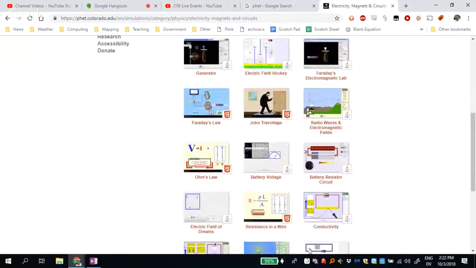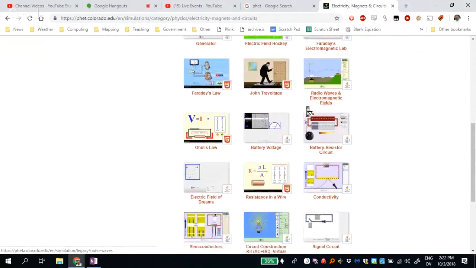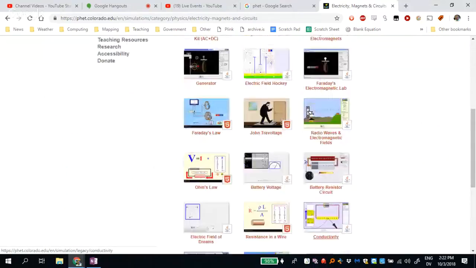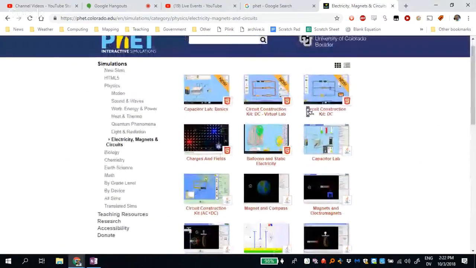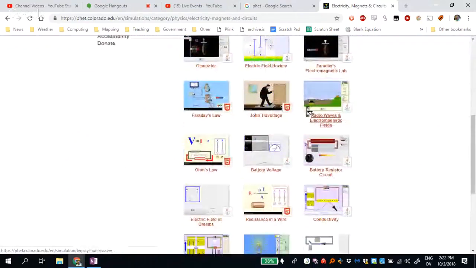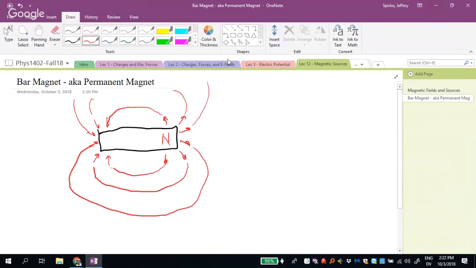That means I can't necessarily do it. They have a Faraday's law one. I'll have to search through that and find a good demonstration that I can run on the screen. But it would basically show this just with better graphics.